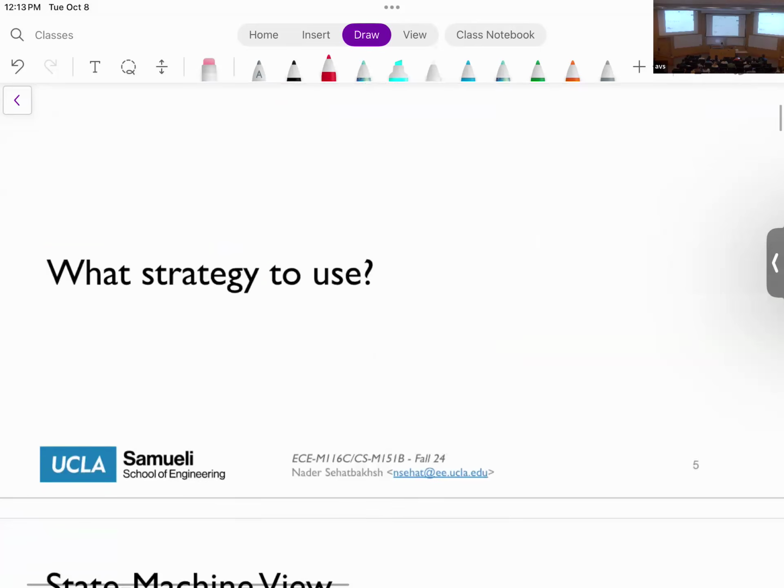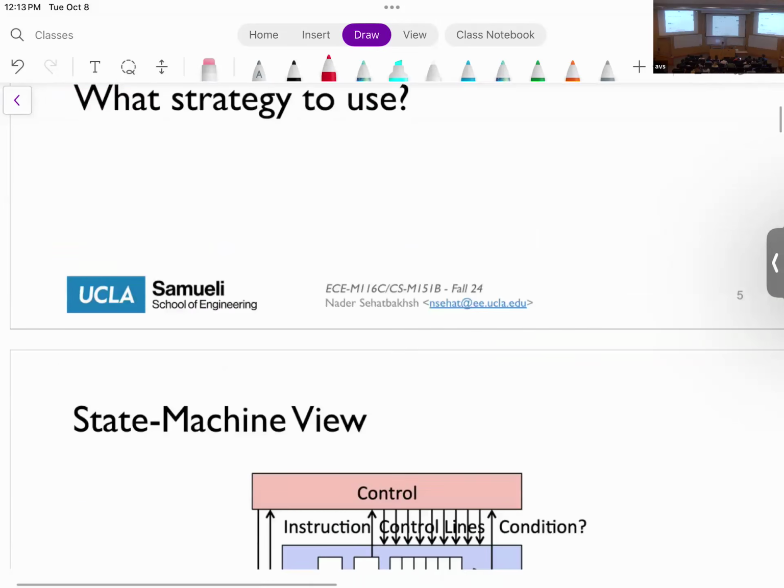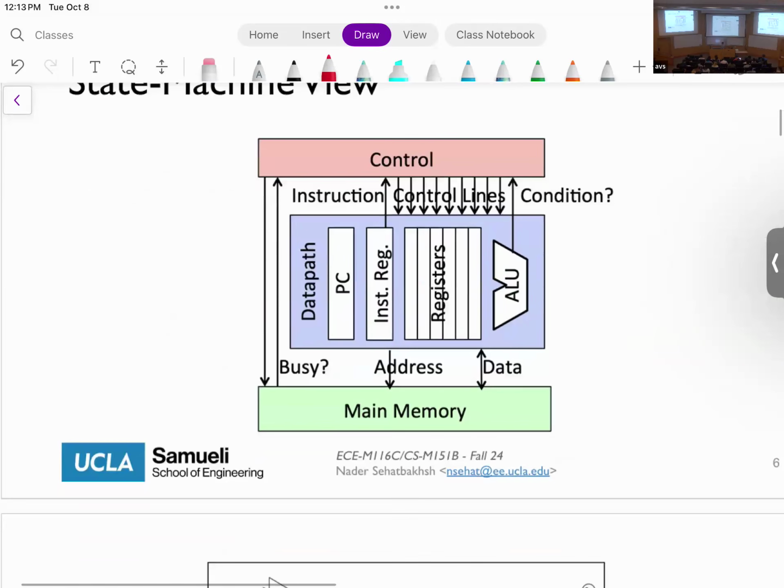All right? So what is the strategy that we're going to use in order to implement an ISA? The strategy we're going to use is some form of this two-part design, which has what we call a controller, and then it has a data path. Okay? So the blue part is what we call a data path, and the red part is what we call a controller.